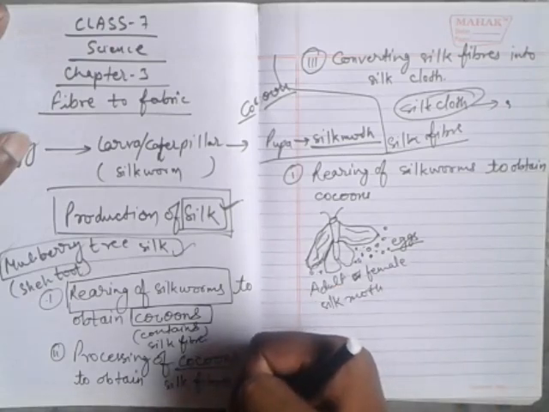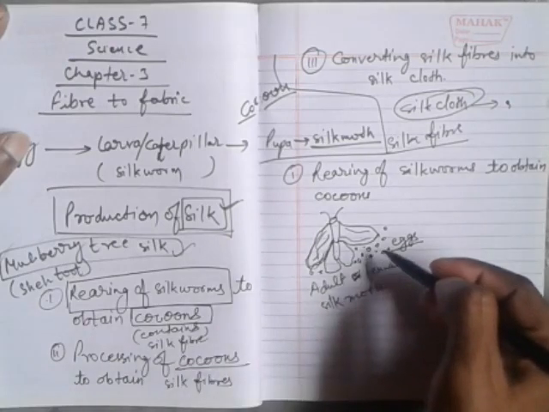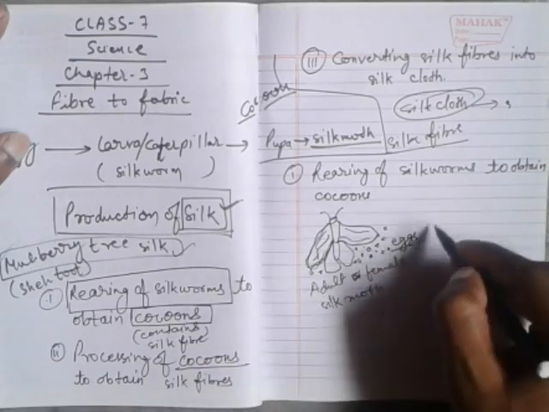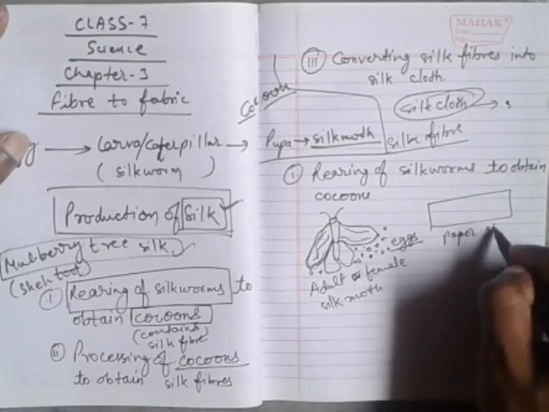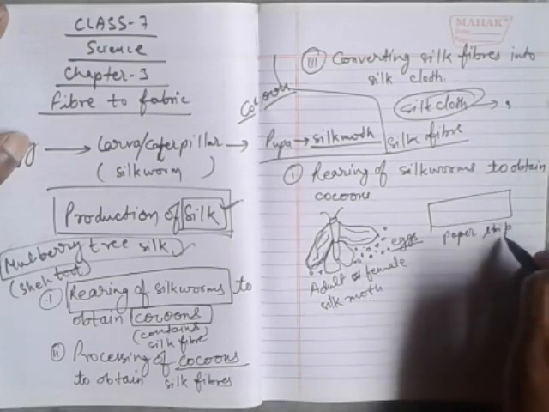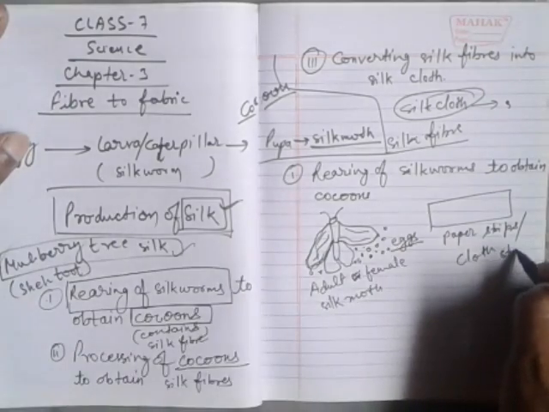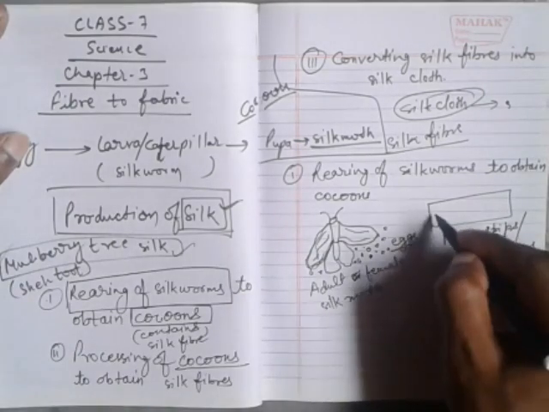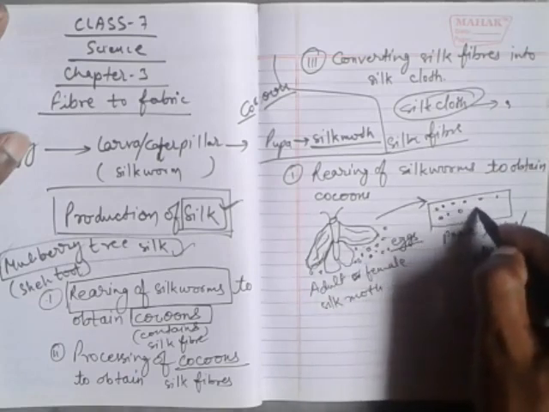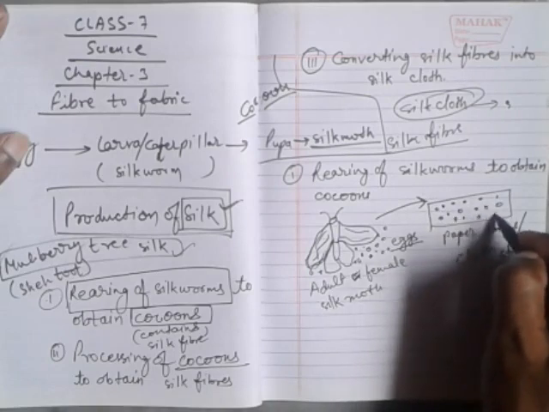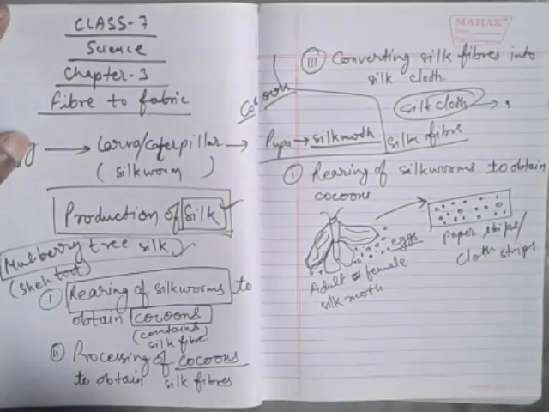These eggs are stored on a paper strip or it may be collected on cloth strips. We can collect them on paper strips or cloth strips.